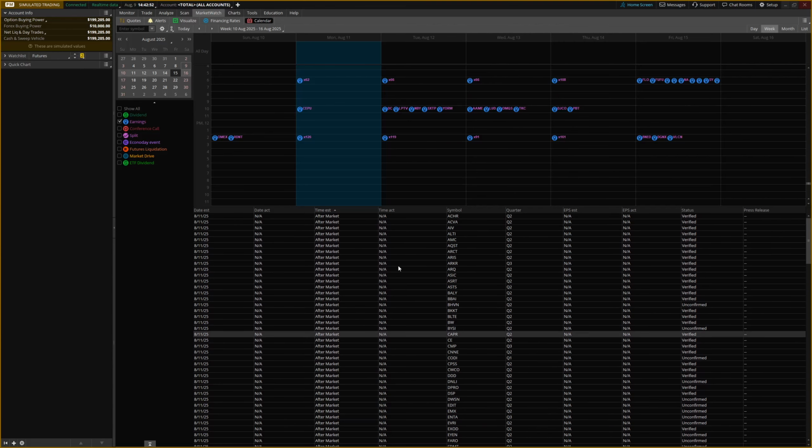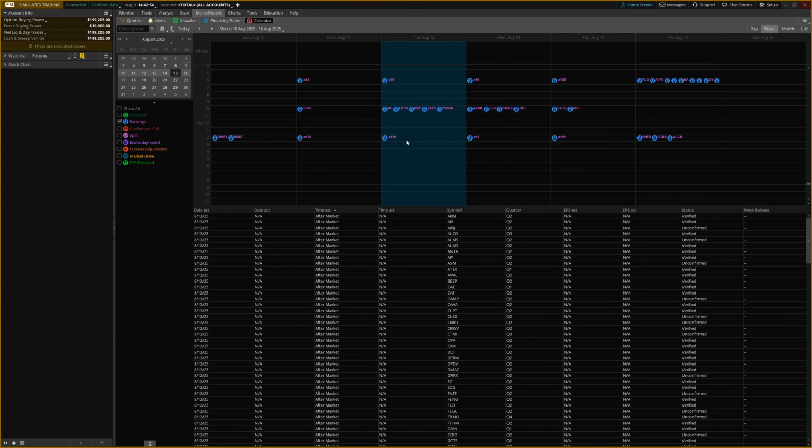So here I got up the tool for earnings on TOS Thinkorswim. And so how I like to do these trades, I like to enter in between like 2 and 3:30 p.m. Eastern, hour or two before the market closes, to try and peg the strike.